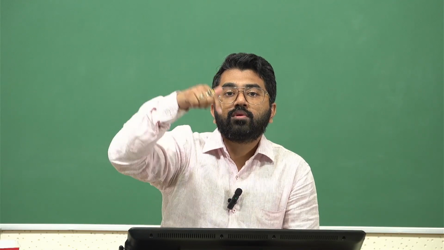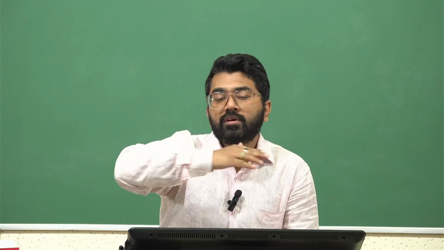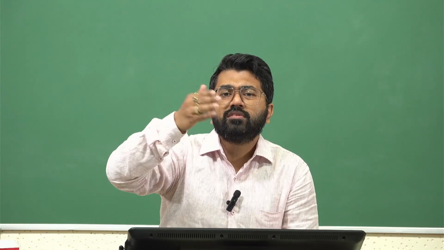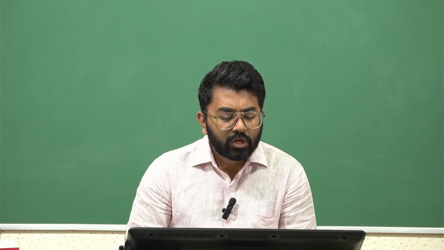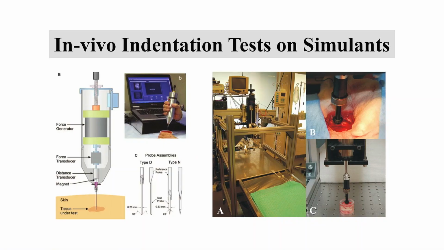It will basically cause a displacement and measure the load dynamically for a small range, like 0 to 1 millimeters, let's say. So there are different types of needles, like probe assemblies. We are not calling them needles per se, they're probes. So you're looking at figure B, where this person is trying to poke into a material simulant which is a mimic for the brain tissue.